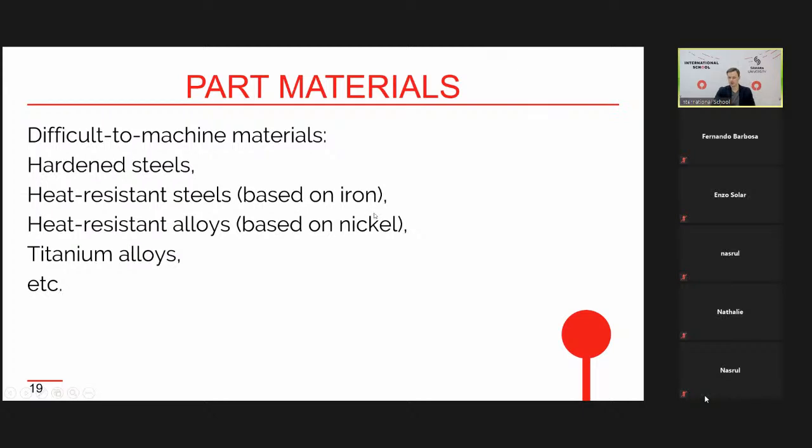They are based on iron, but they have a lot of special elements like nickel, chromium, cobalt, tungsten, and so on. The next group is heat-resistant alloys. These alloys can be based on nickel, or sometimes they can be based on cobalt, but usually nickel-based materials are used.